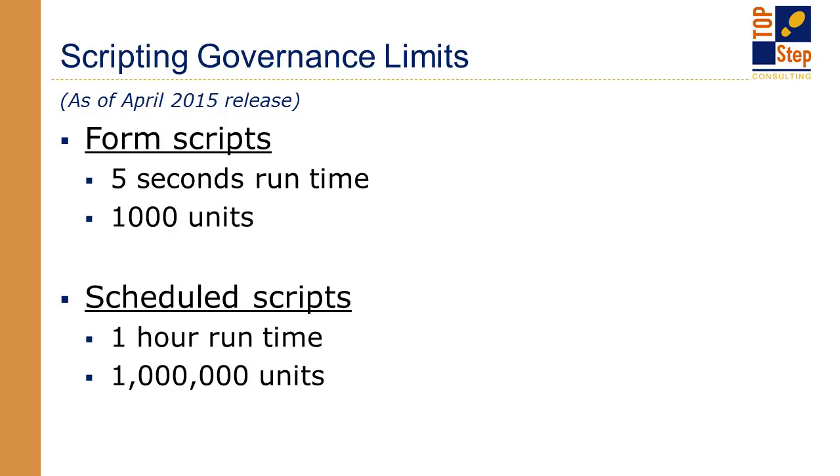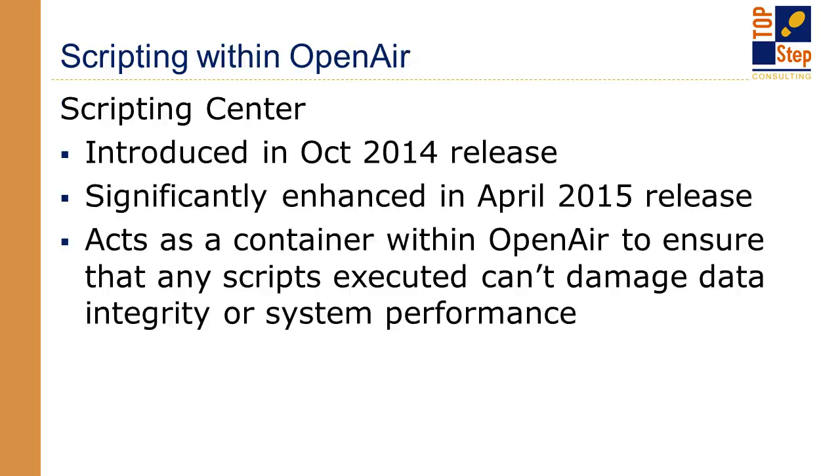Okay, so scripting used to be something where you would write a script and you'd save it to a workspace somewhere and do this and do that. In the October 2014 release, OpenAir simplified this dramatically by introducing what they call the Scripting Center. And then in the April release earlier this year, they made it significantly better than it was when they first released it.